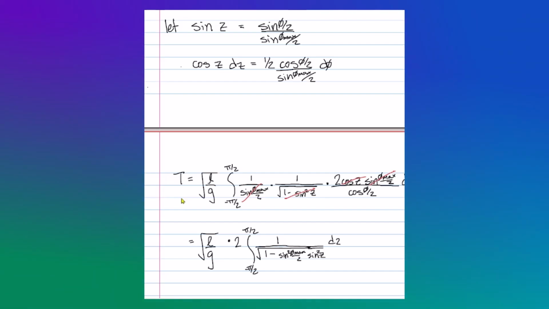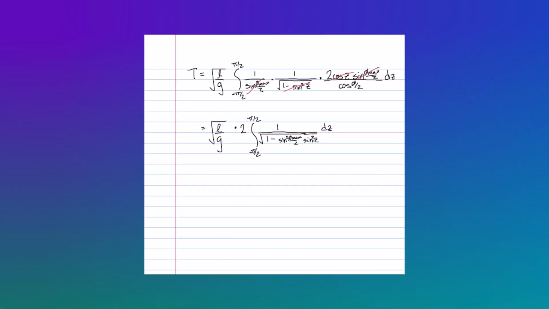And this comes from converting cosine of phi over 2 back into the variable z.